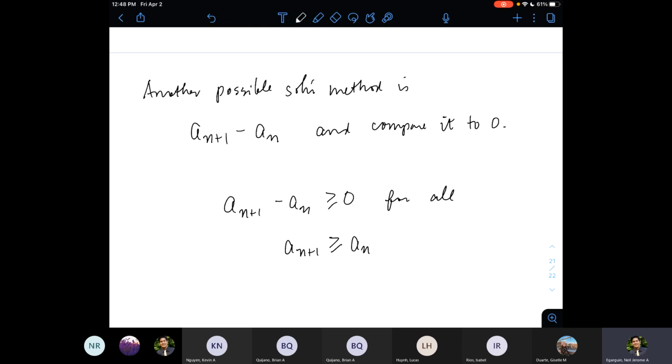On the other hand, if this is always less than or equal to 0, you can conclude that your sequence is decreasing. But if the left side is sometimes positive and sometimes negative, then it is not monotonic.